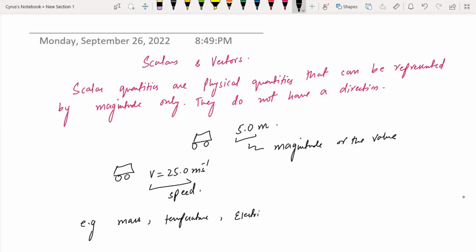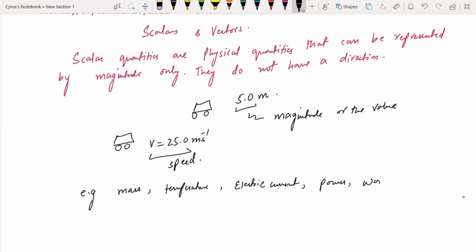Electric current is, by the way, a scalar because it does not follow the rules of vector addition. So it's not a vector, it is a scalar. We have power, work, volume, pressure, energy, distance, time, intensity, and many more.